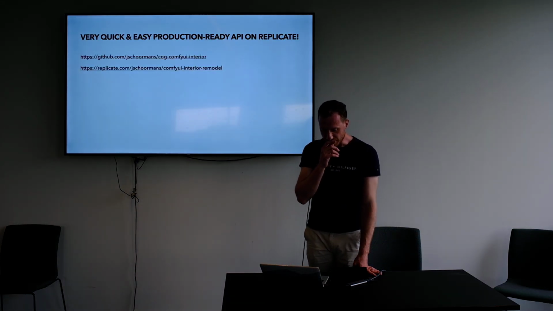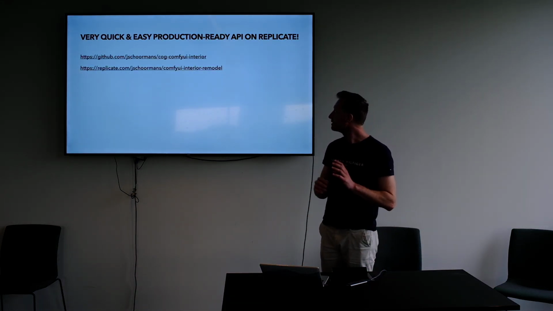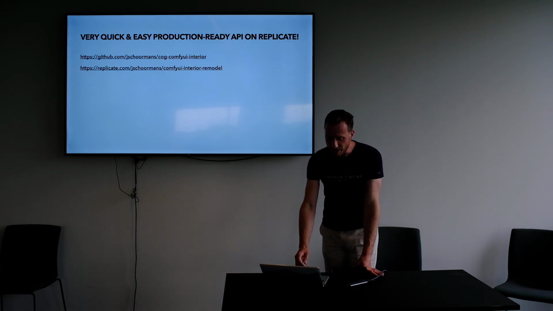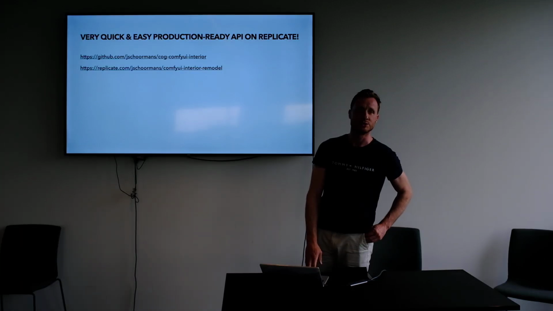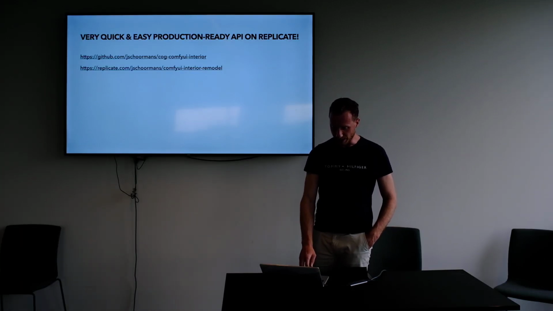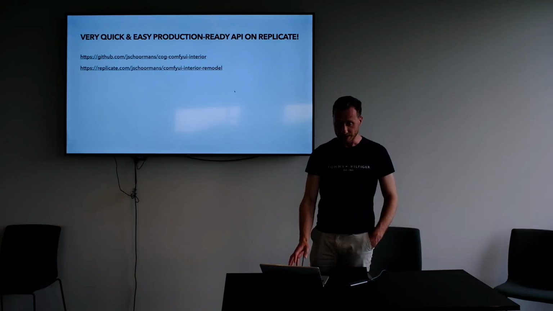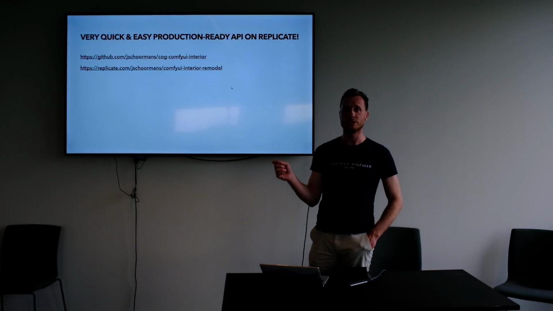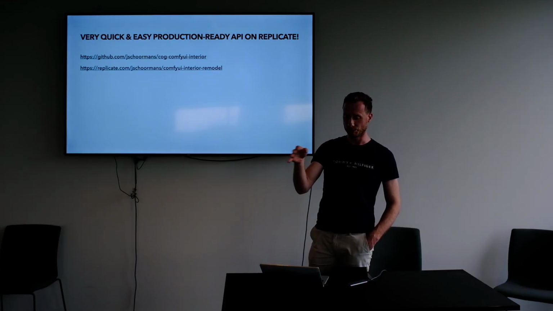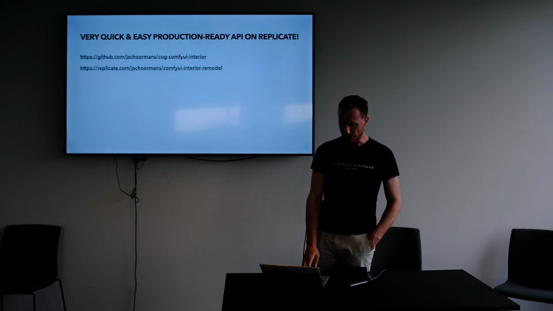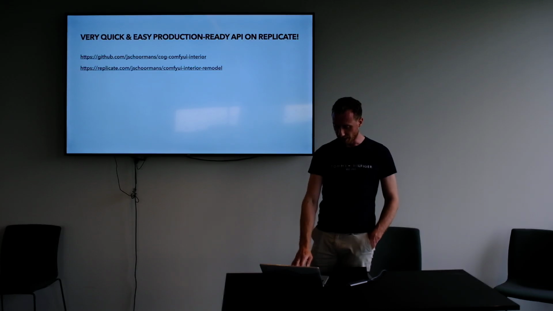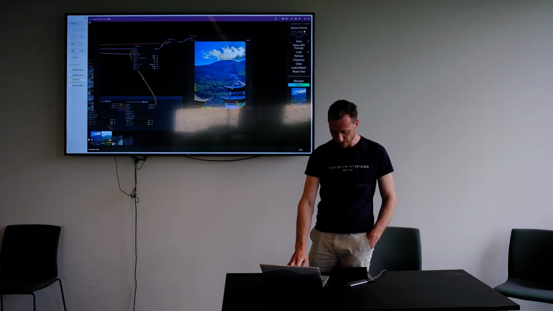But what's really cool is that when you've made this ComfyUI workflow, there are very cool ways to quickly make an API out of it. It's maybe half an hour of work. I did it with a different model than this. There are a few GitHub repos where you just replace a JSON which has the workflow, and you can push it to Replicate and you have a live API ready.